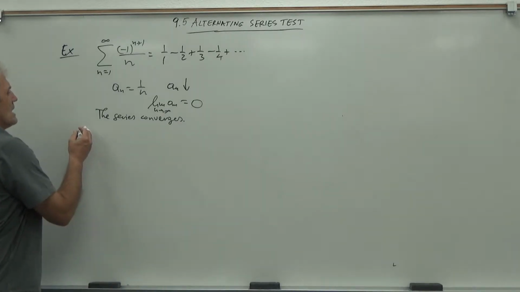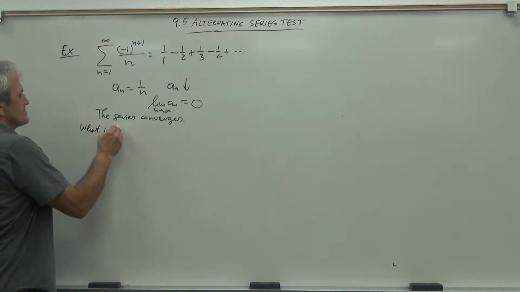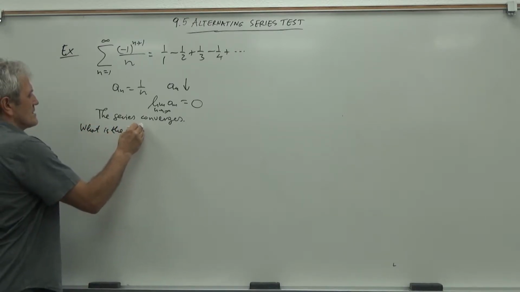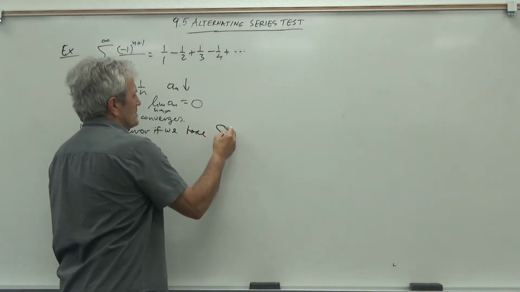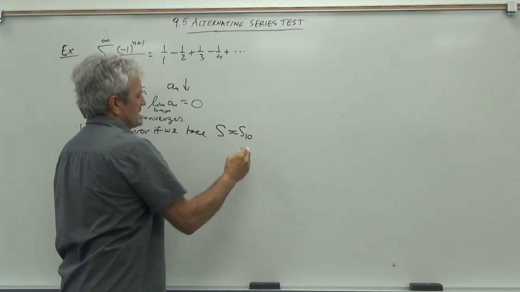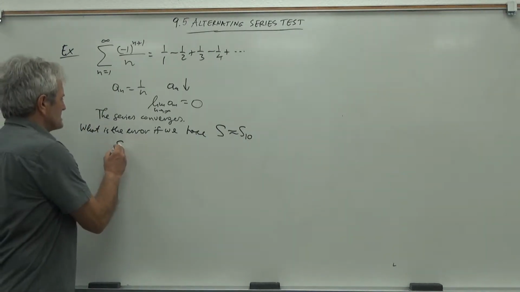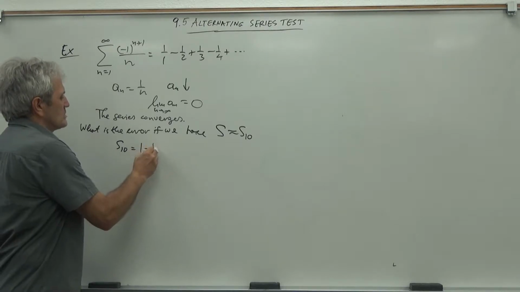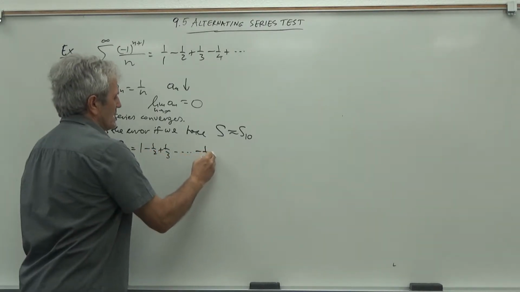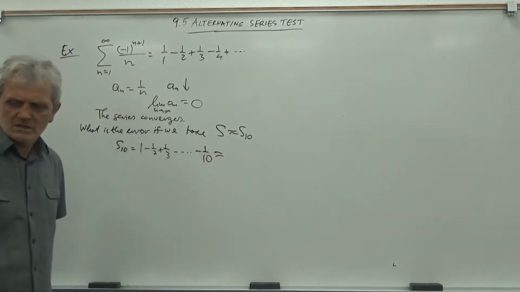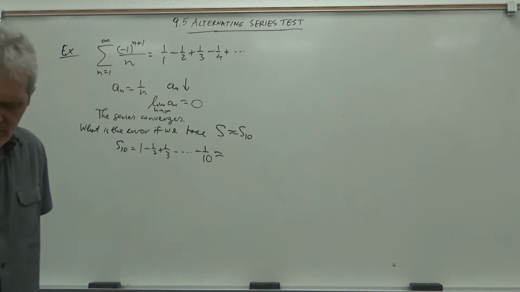What is the error if we take that our sum is approximately S10? So if we just take the first 10 members, what is S10? 1 minus 1 half plus 1/3 minus, and the last one will be minus 1 over 10. And when you calculate that, approximately you will get 0.64563.